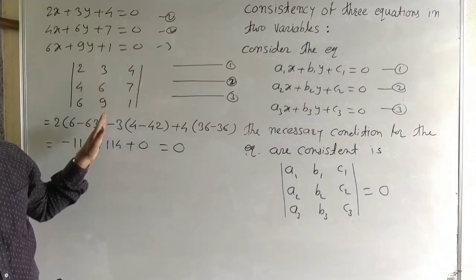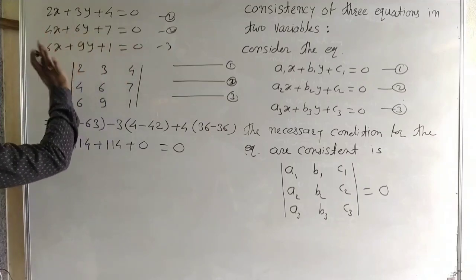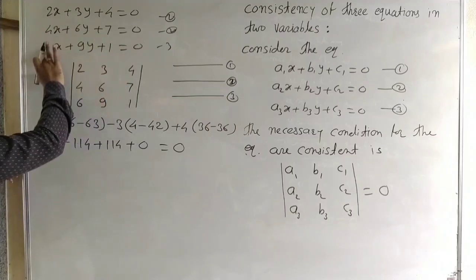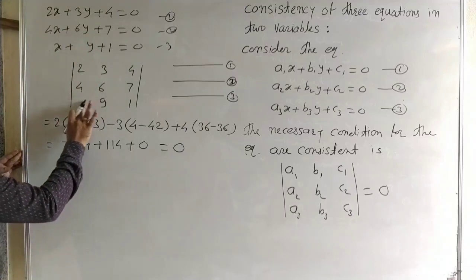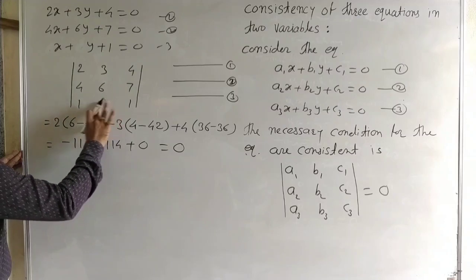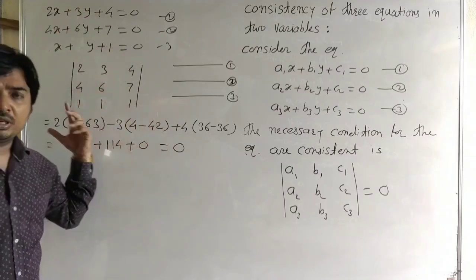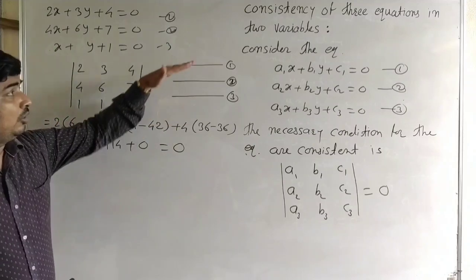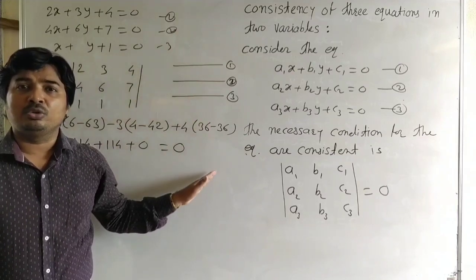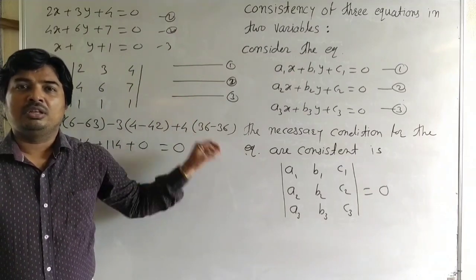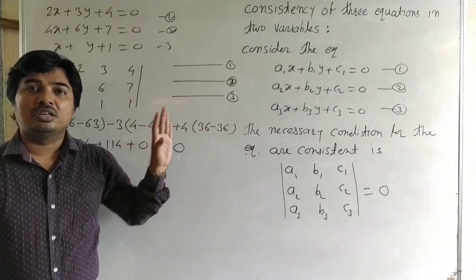If all three lines are parallel, then the value of the determinant is 0, but the lines are not consistent because they are parallel to each other.